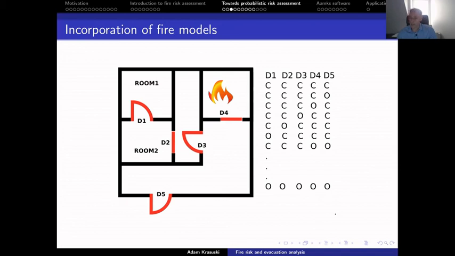But this is a very laborious task, so we need a number of simulations. And the second problem is that, again, we don't know whether the probability of fire ignition in this room should be the same as in this room, or in this corridor compartment. So just drawing randomly and treating each probability as equal is not a very good approach.